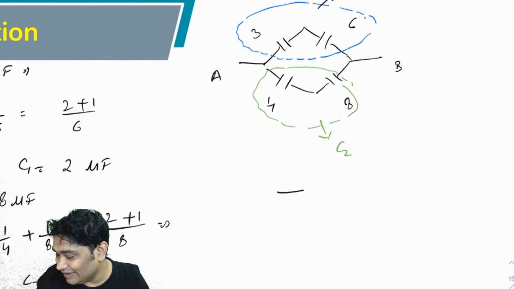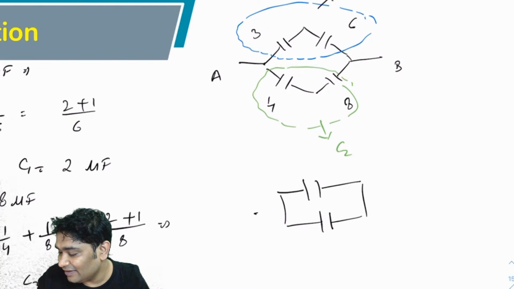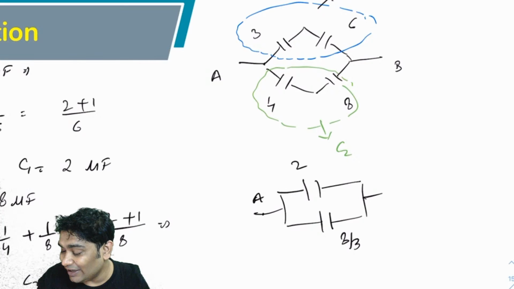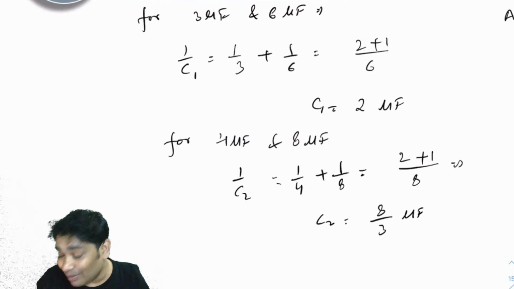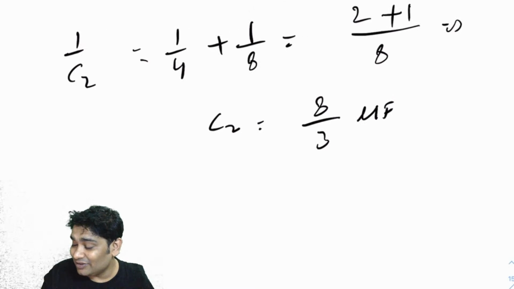Now all you have to do is just add them up. They are in parallel, so this is 2, this is 8 by 3. Since they are in parallel, C equivalent would be the sum of these two.